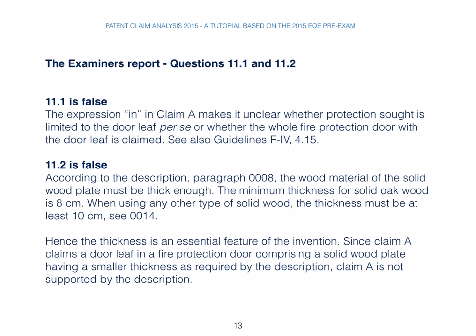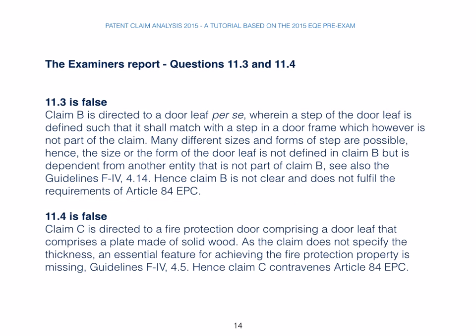Now we turn to 11.3. The examiner's explanation for statement 11.3 being false is as follows. Claim B is directed to a door leaf per se, wherein a step of the door leaf is defined such that it shall match with a step in a door frame, which however is not part of the claim.